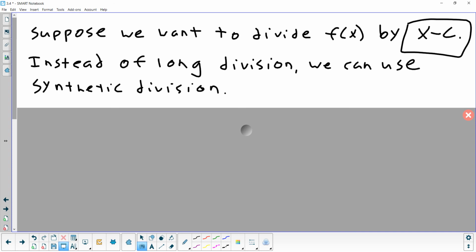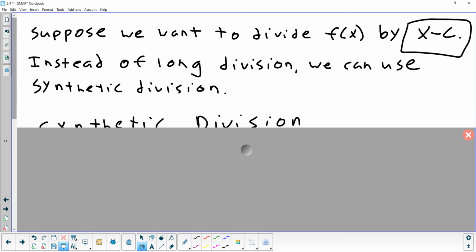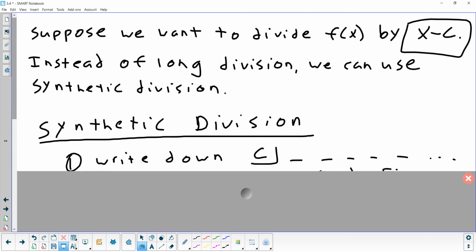So I'm going to show you guys the steps for synthetic division, and then we'll go through and do a problem. So the first step is to look at the number that comes after the minus sign. Block out the x and the minus, look at what you have left, and that number is going to go on the outside of a bracket, just like that.